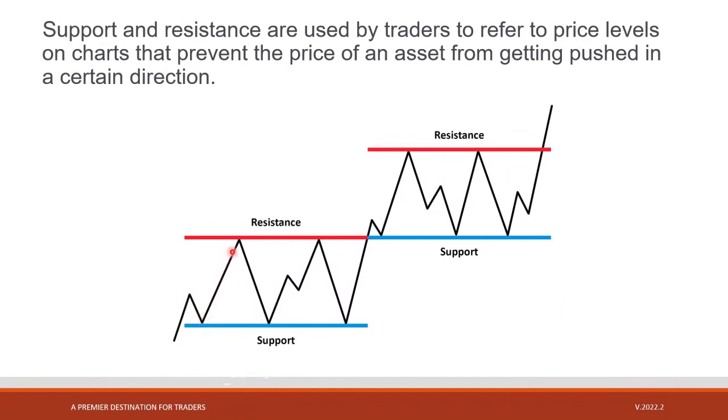It goes up, it finds resistance. Some sort of level prevents it from going up further, and then it comes back down. It finds support, it finds resistance, it finds support. So you can see that this area is serving as support because it's preventing price from going lower. However, nothing lasts forever. Eventually, the resistance level gets broken.